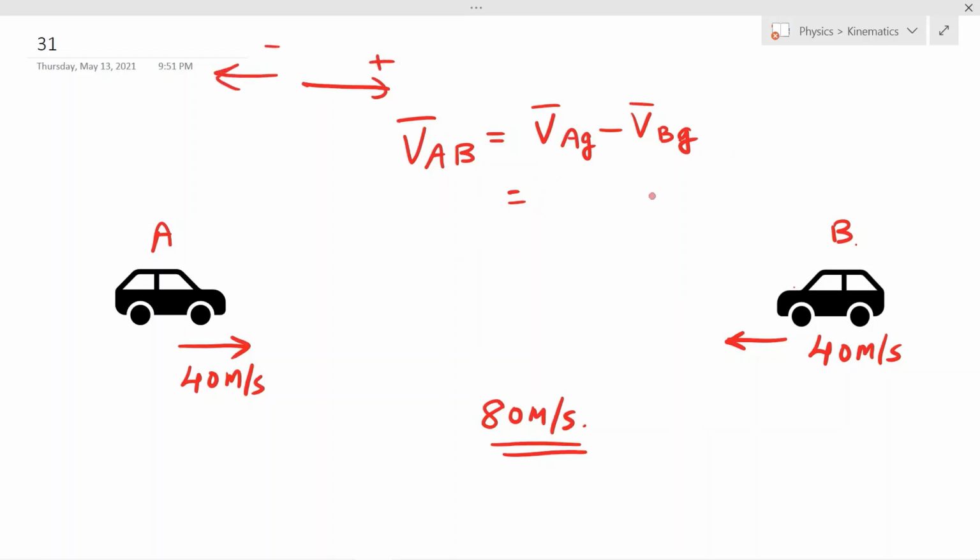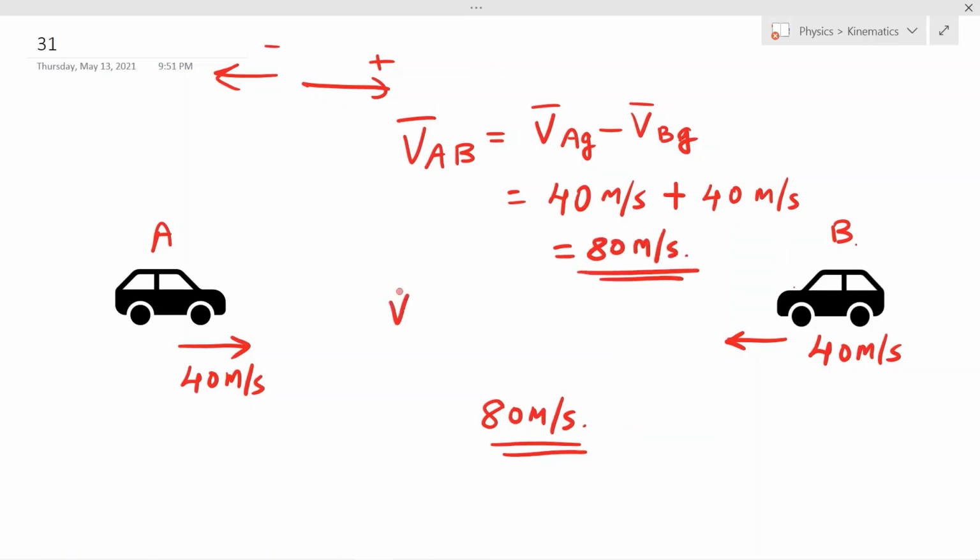So this is our convention. So the velocity of A with respect to ground is 40 meter per second minus the velocity of car B with respect to ground, which is 40 meter per second again but with the opposite sign, because this left side is the negative side, so this will be plus. So this becomes 80 meter per second.